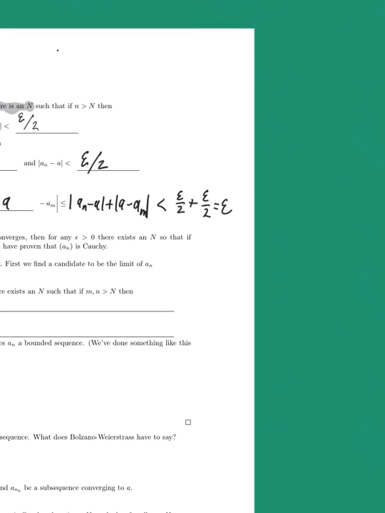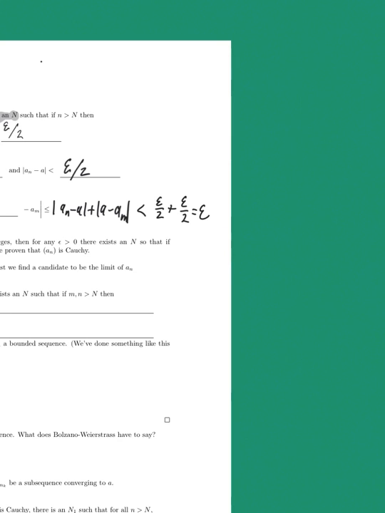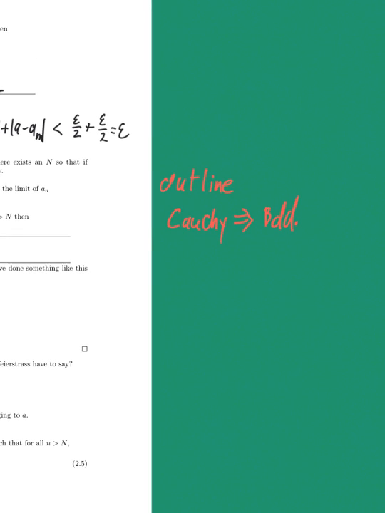So here is the outline. We'll show that Cauchy implies bounded. If we can get this sequence to be bounded, well, I know something about bounded sequences, and that is that they have convergent subsequences.